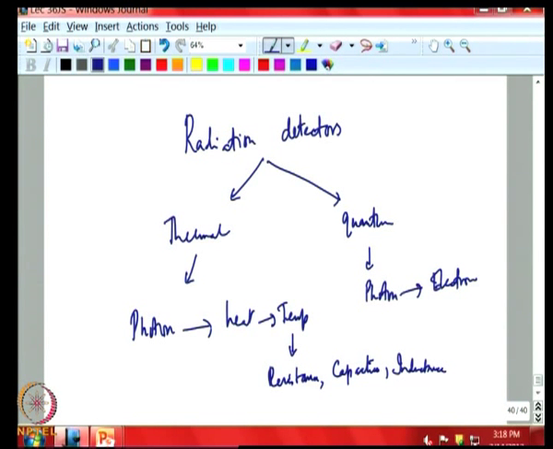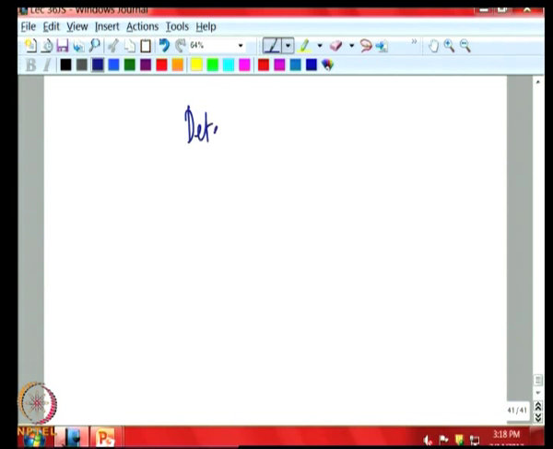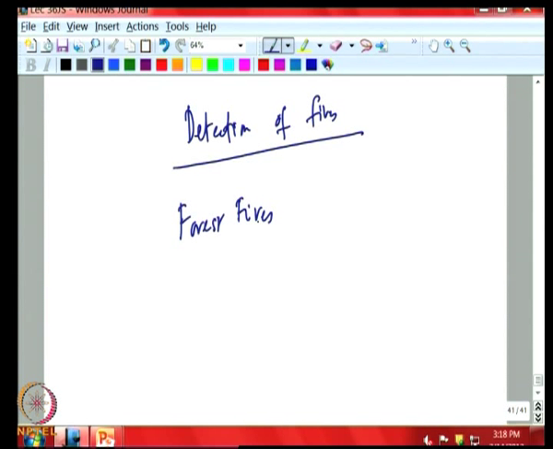Now, the advantage of this is that suppose you have a very weak source of radiation, like an example I can give is detection of fires. Now, today forest fires are being detected, or even man-made fires detected by satellites.